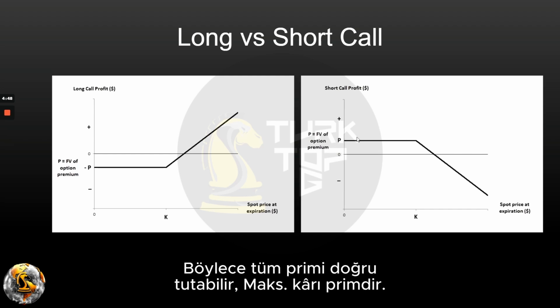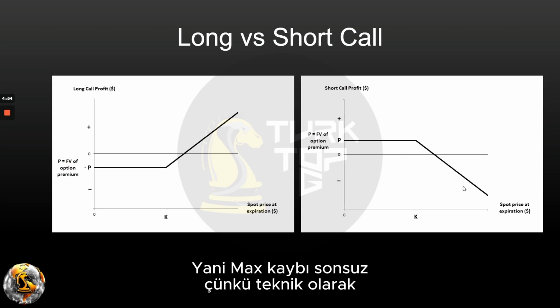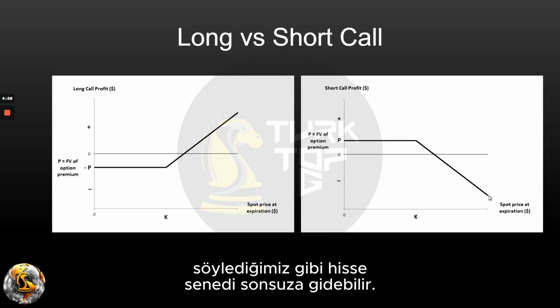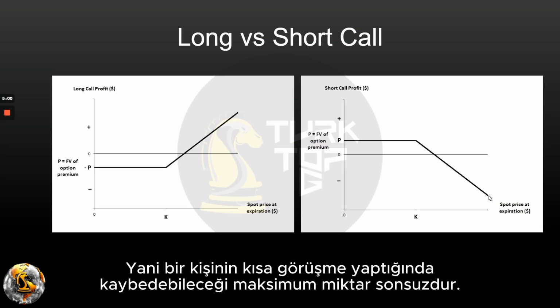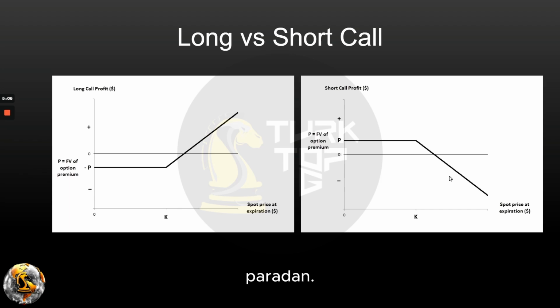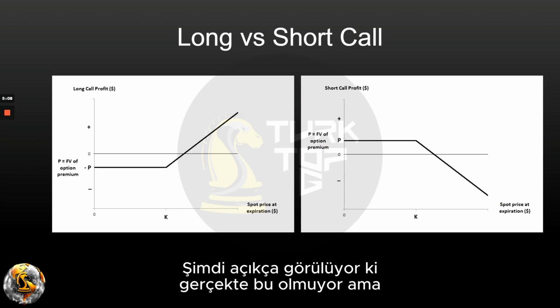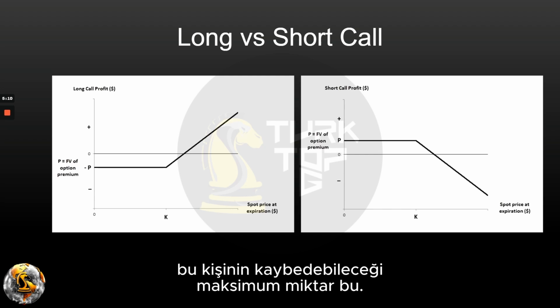So his max profit is the premium. His max loss, though, is infinite because, as we said, technically the stock can go to infinity. So the maximum that person can lose when he's short a call is an infinite amount of money. Obviously, in reality it doesn't happen, but that's the maximum that person can lose.